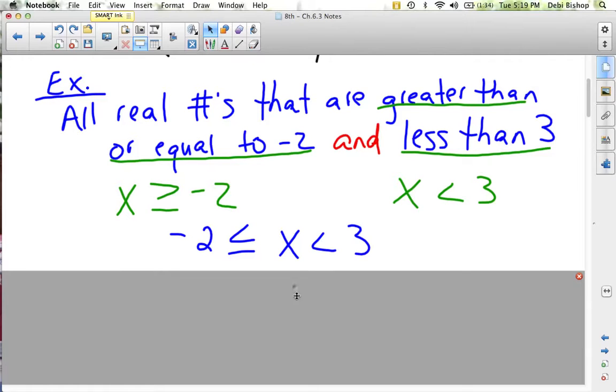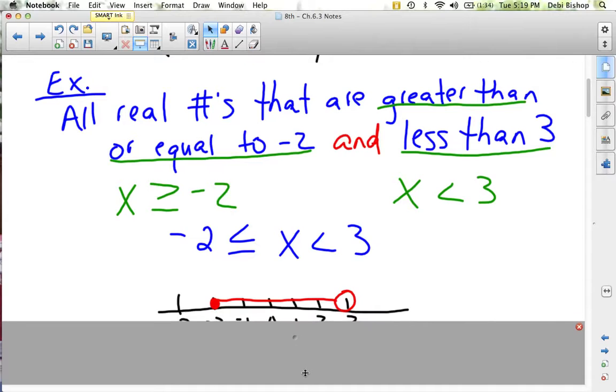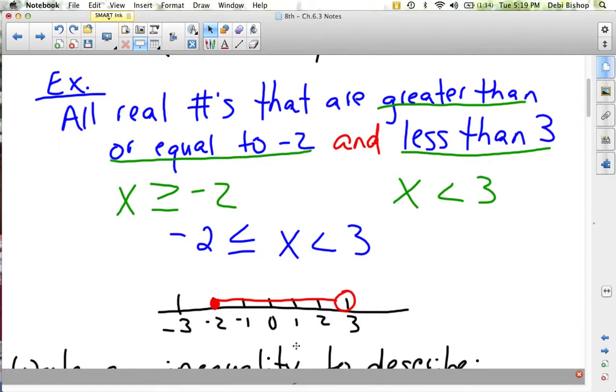And what you do is when you have this done, then you are able to graph it as one statement. So when I graph it as one statement, I write my number line, and I can see here, all right, this is greater than or equal to -2. So I have my -2, and I have a solid dot for that greater than or equal to, and here I have it less than 3, so my open circle for less than 3.